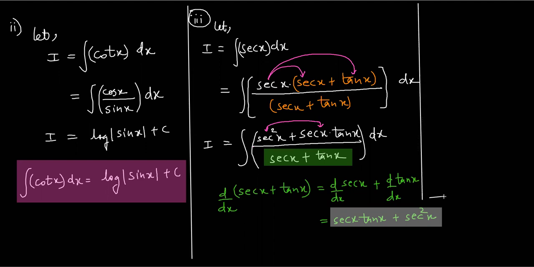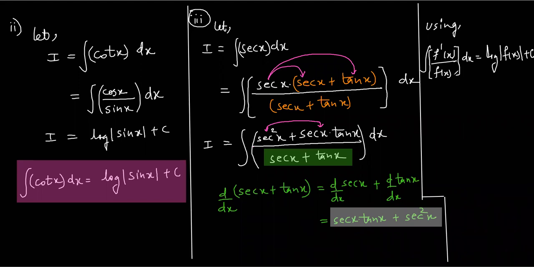And whenever such a thing happens, I use the result: integral of f dash x upon f of x dx equals log of mod f of x plus c. Whenever you notice the derivative of the denominator is present in the numerator, the integration will be log of mod of the denominator.